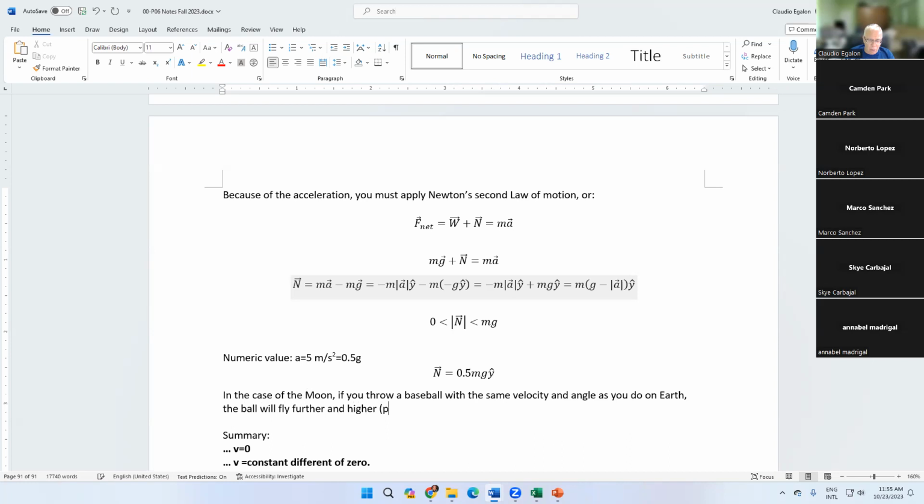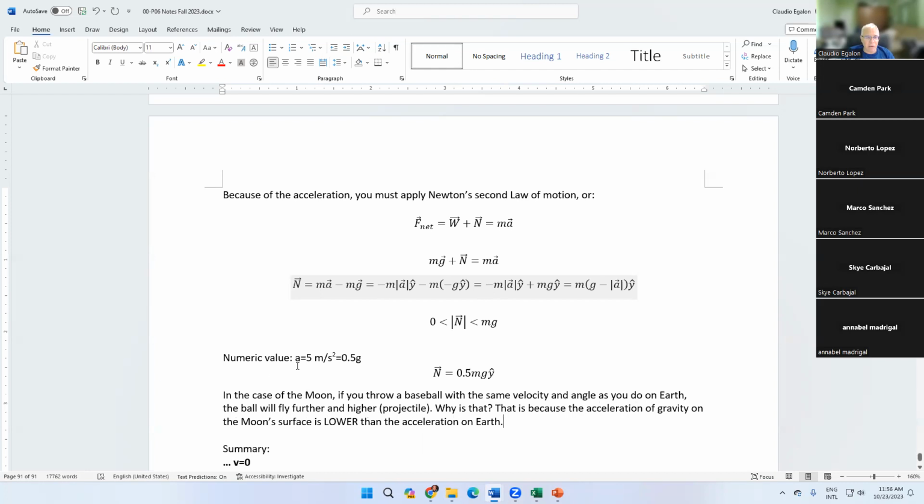Why is that? That's because the acceleration of gravity on the moon's surface is lower than the acceleration on Earth. Okay, that's why.